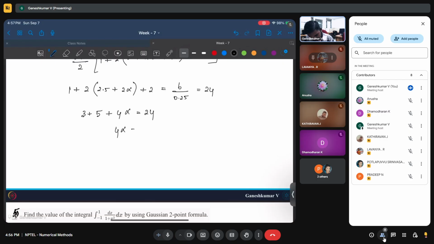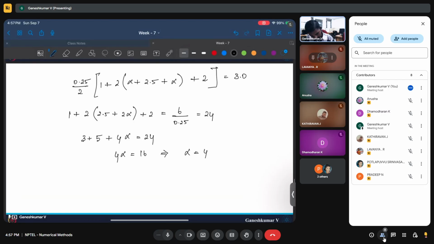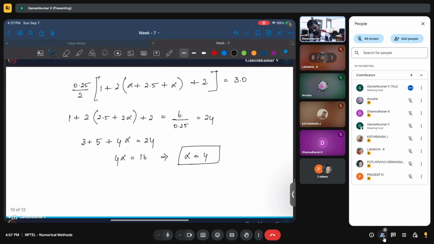So 4 alpha equal to 24 minus 8, which is 16, and so alpha is equal to 4.